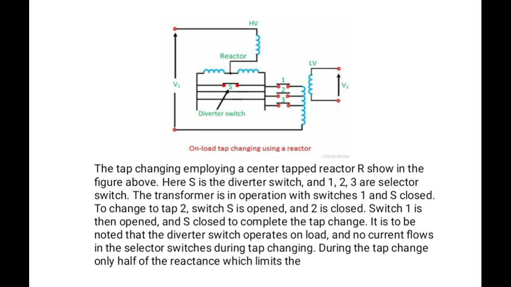It is to be noted that the divert switch operates on load and no current flows in the selector switches during tap changing. During the tap change, only half of the reactance limits the current.